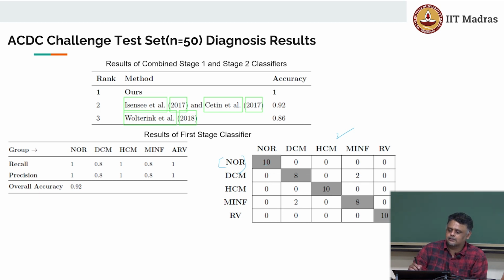Your x is the real thing and your y here is what you predicted. So DCM is a disease condition. I had 10 patients who had DCM, but 8 times I said it's DCM correctly. Twice I got it wrong. I misclassified as MINF.